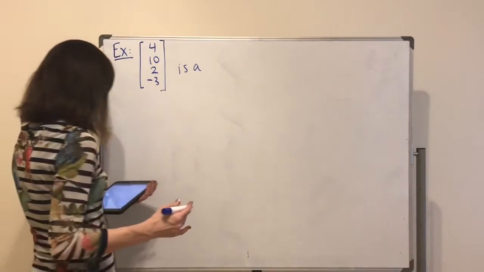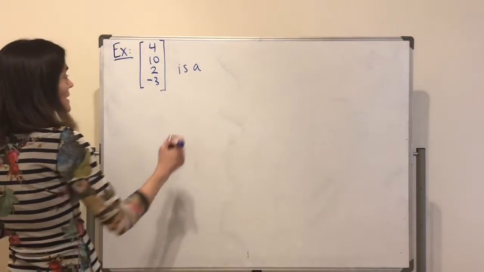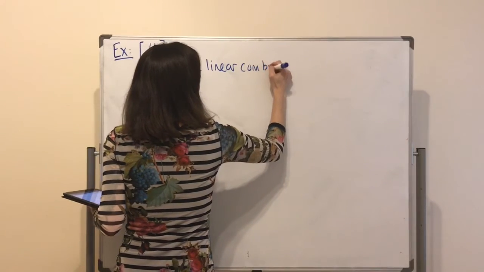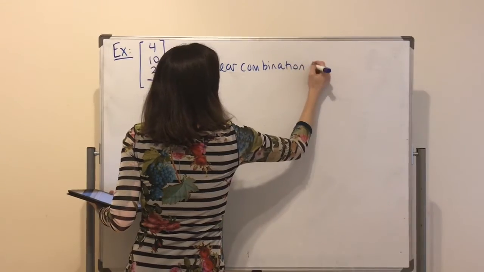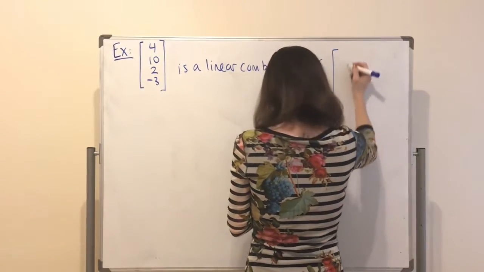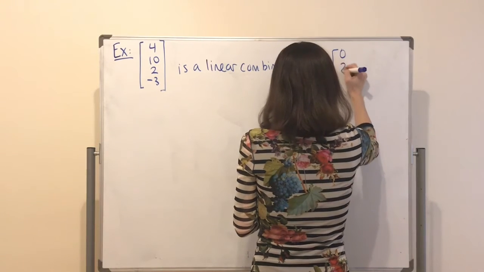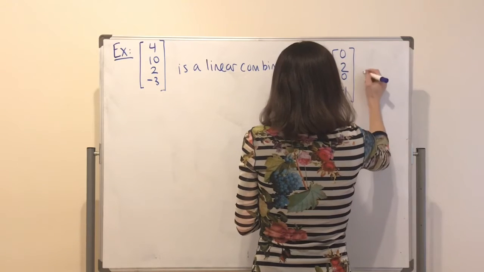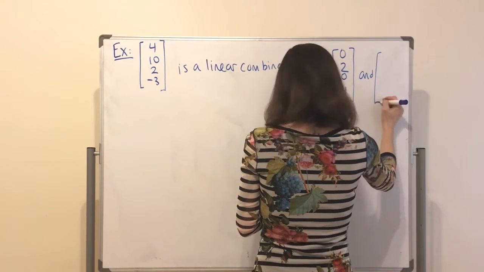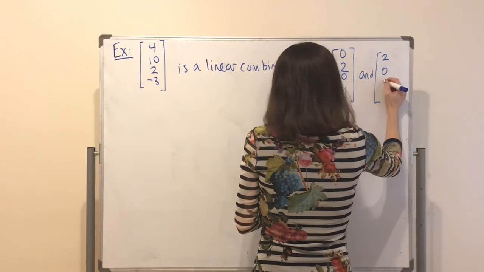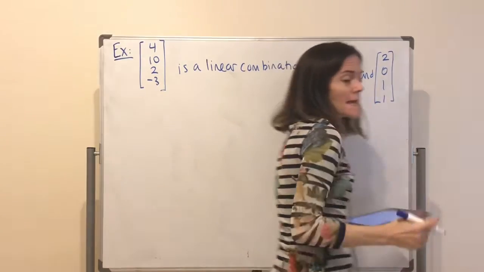So here, this vector 10, 2, -3 is a linear combination of, well, let me give you the two vectors that I want it to use. 0, 2, 0, -1, and 2, 0, 1, 1.